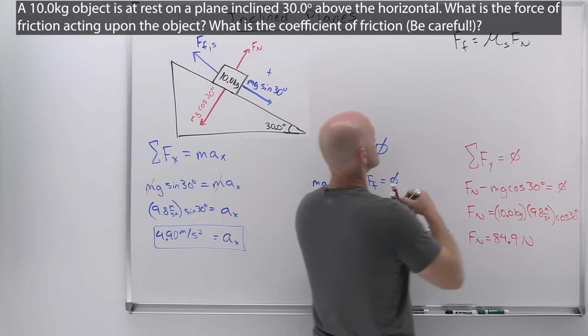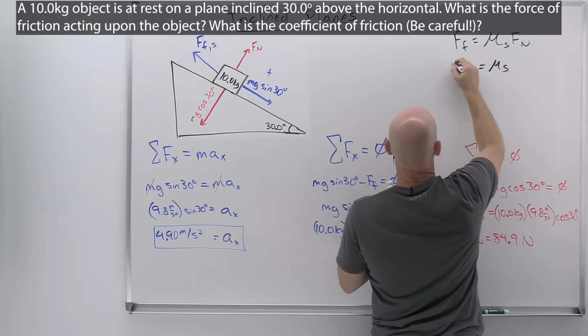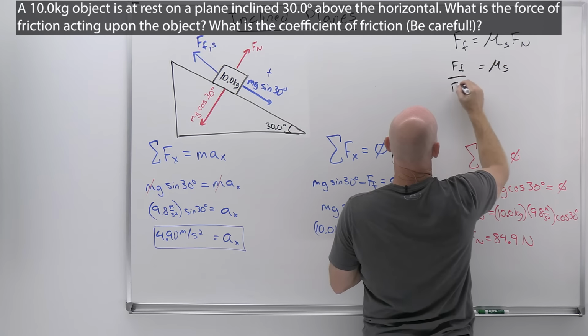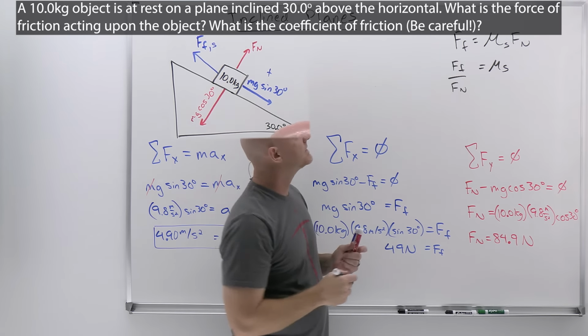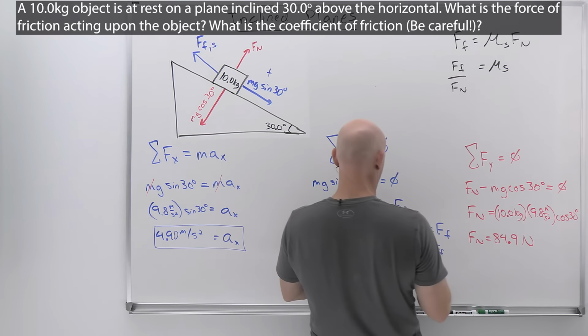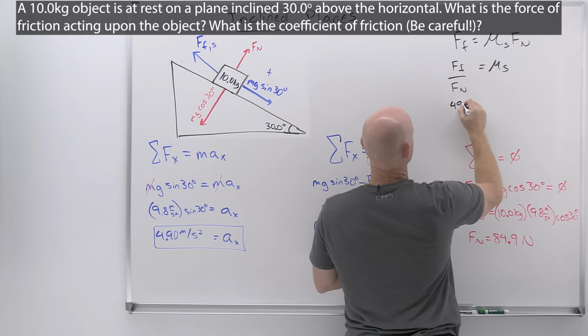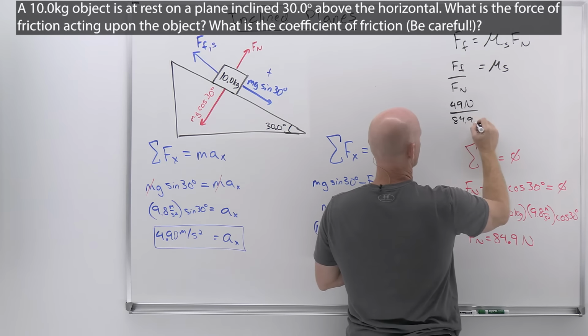But in this case, if we rearrange this and solve for that coefficient of static friction, we can see it's going to equal the ratio of the frictional force to the normal force, or so we think. Let's take a look. All right, so the frictional force we figured out was 49 newtons. The normal force we just figured out is 84.9 newtons.